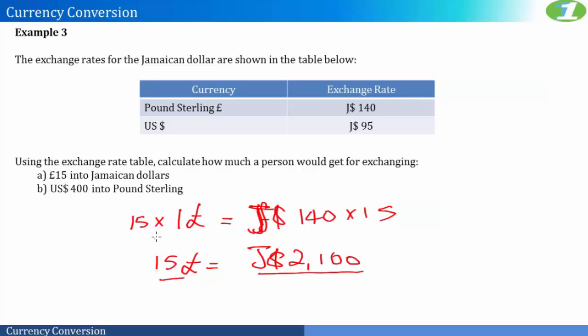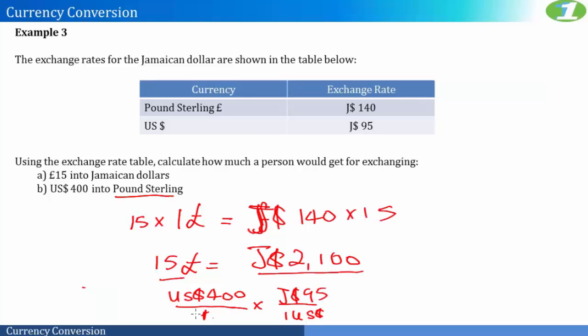Well, again, using my nice chain rule, you can get this fairly quickly, as I need to know US $400 in terms of pounds. Now, I don't have something that links US directly to pounds, and so this is exactly where my chain rule comes in, because I can first convert my US dollars to Jamaican dollars and then my Jamaican dollars to pound sterling. Given this, I know that $1 US equates to 95 Jamaican dollars.